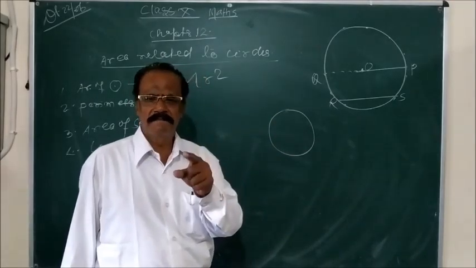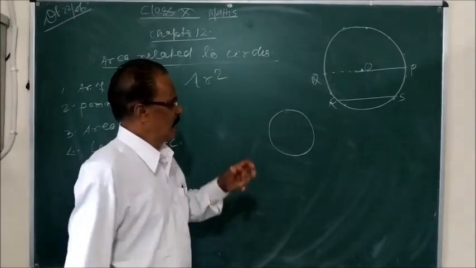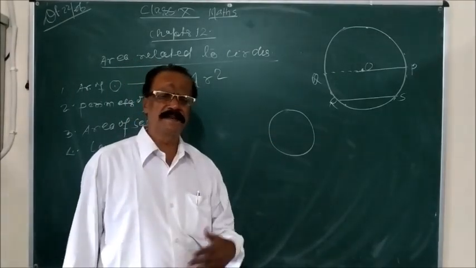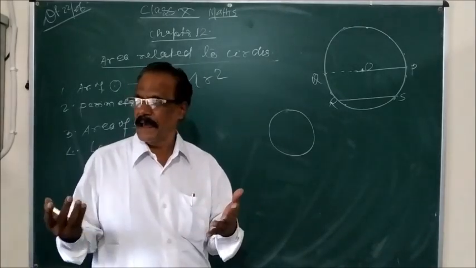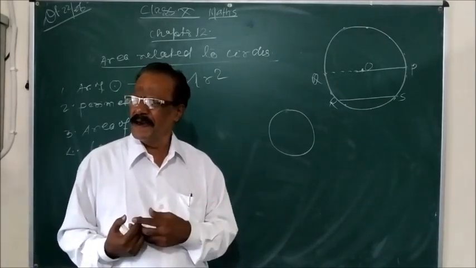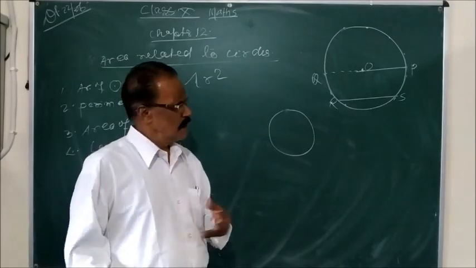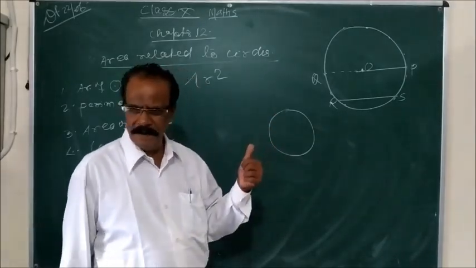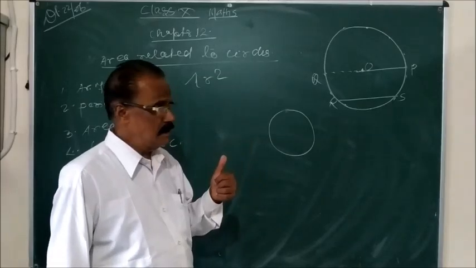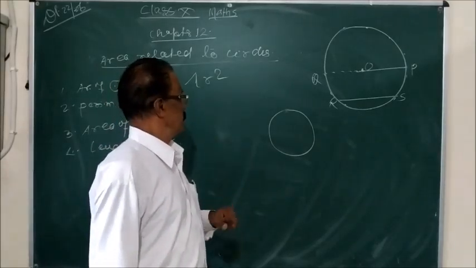Sometimes we also call it perimeter. Perimeter is for a square, rectangle, and any other plane figure, but for a circle we say circumference.